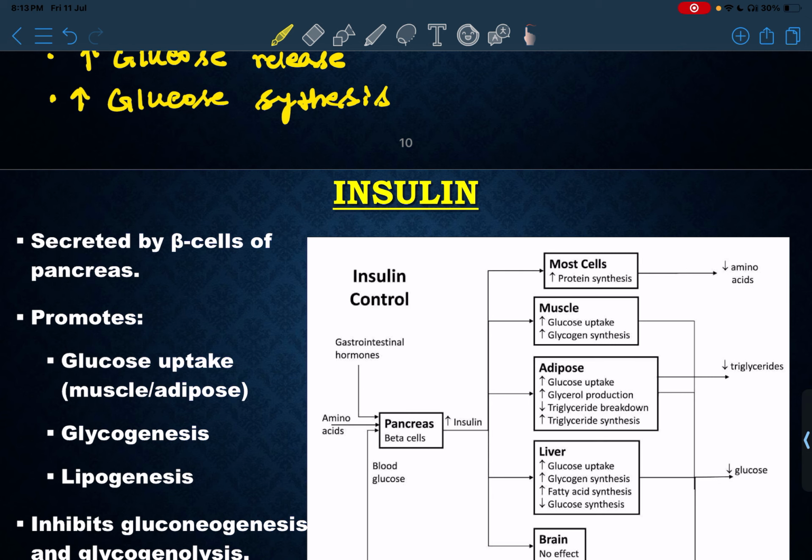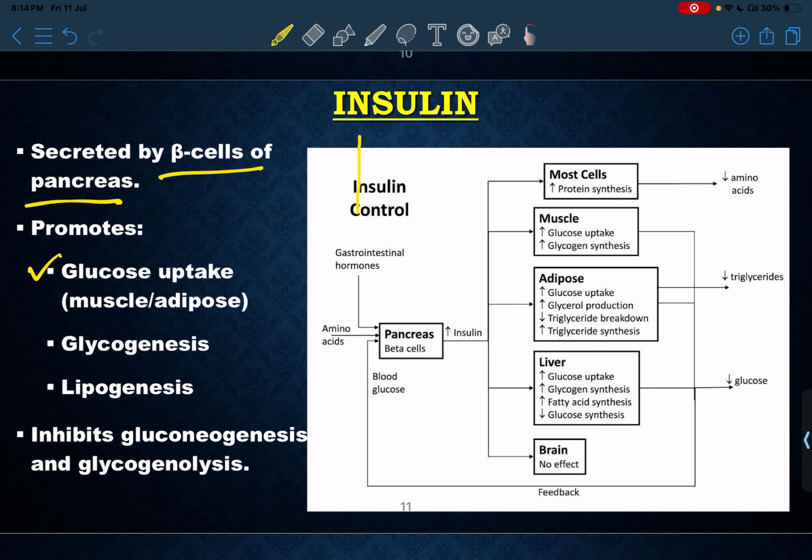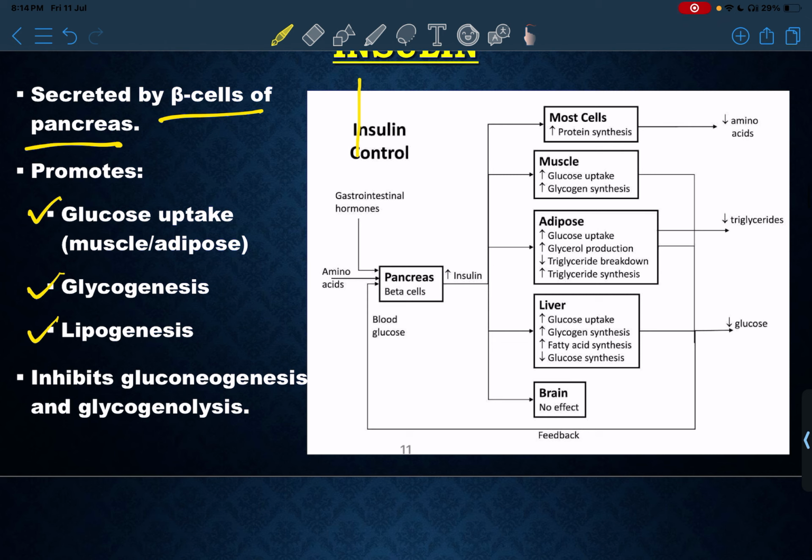In the well fed stage, the insulin glucagon ratio is high. In this stage, insulin, when released from the beta cells of the pancreas, promotes glucose uptake. We have already discussed glycogenesis and lipogenesis. Lipogenesis is the formation of fat from glucose.